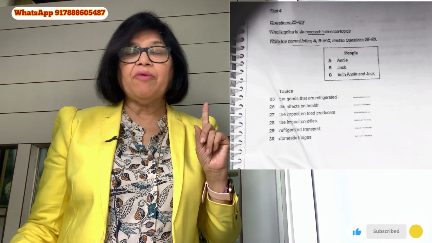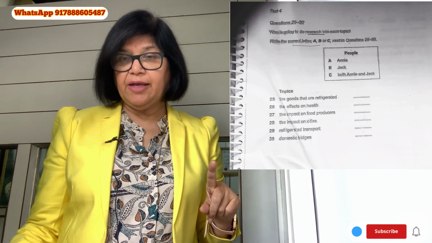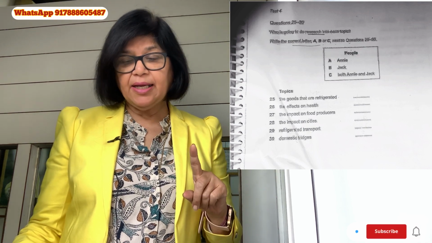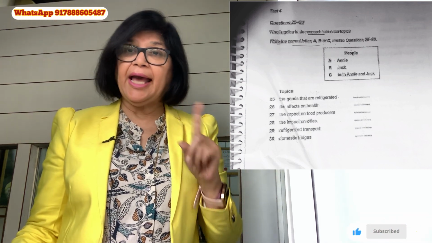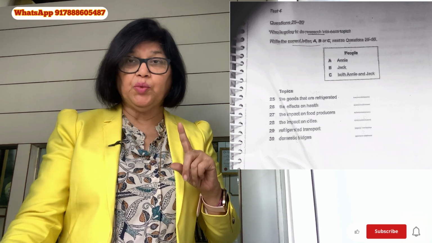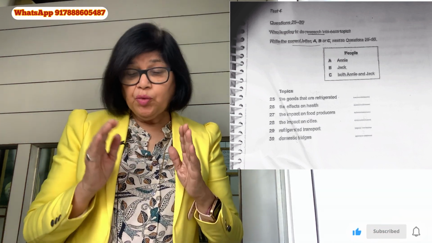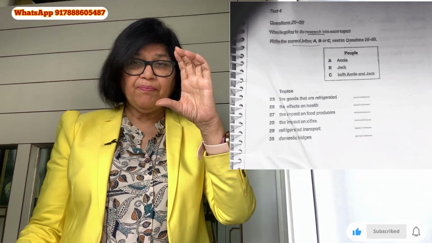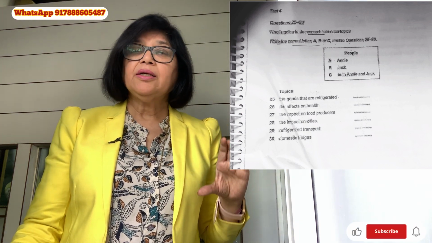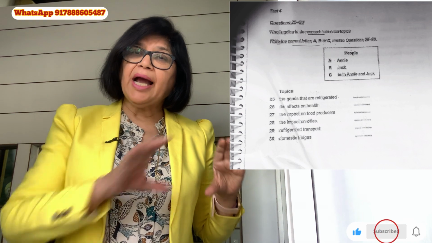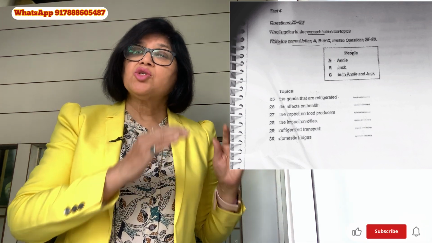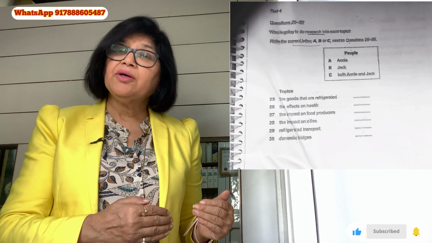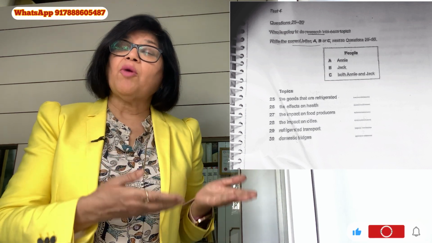So you have to put A, B, or C. A is for Annie, B is for Jack, and C is for both Annie and Jack. They both will do. Now you need to read the topics. The names are given and the topics are given. So kindly read the topics so that you are able to understand when the topic starts.